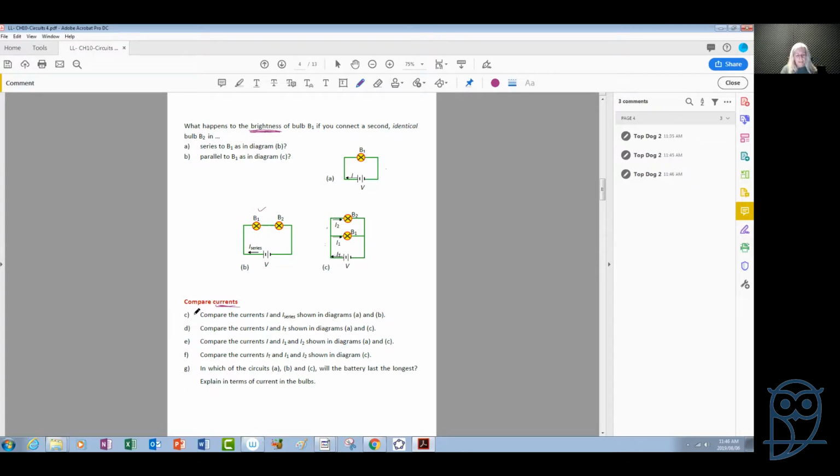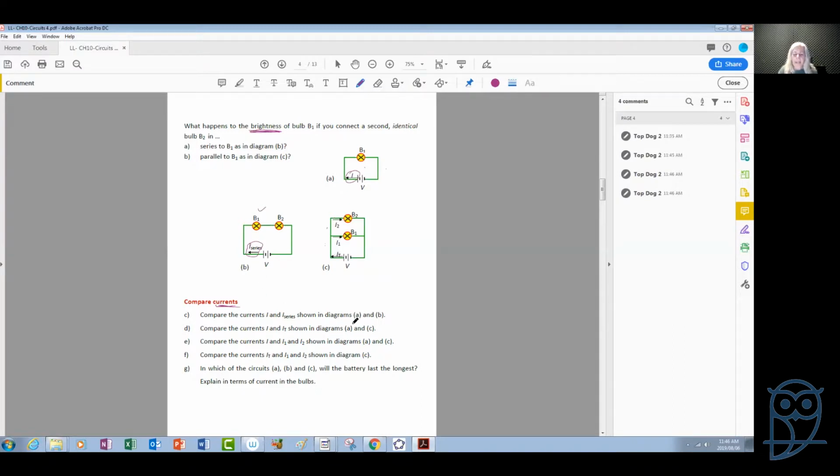So the question C here says, compare the currents I, that means this is the I in circuit A, and this current in the series connection. So we need to compare the current in the single bulb and the current in the series connection. Let's compare this current and this current.